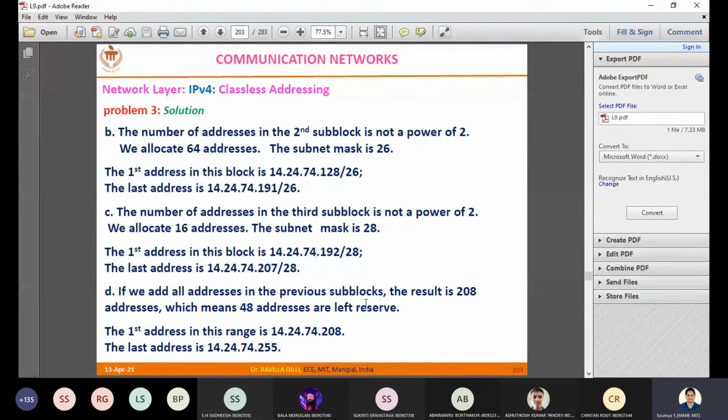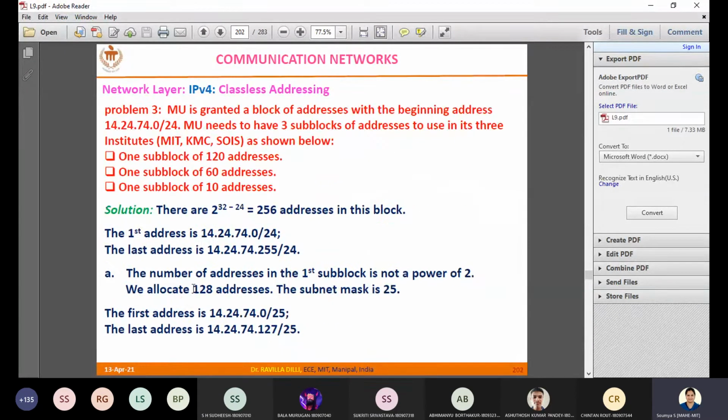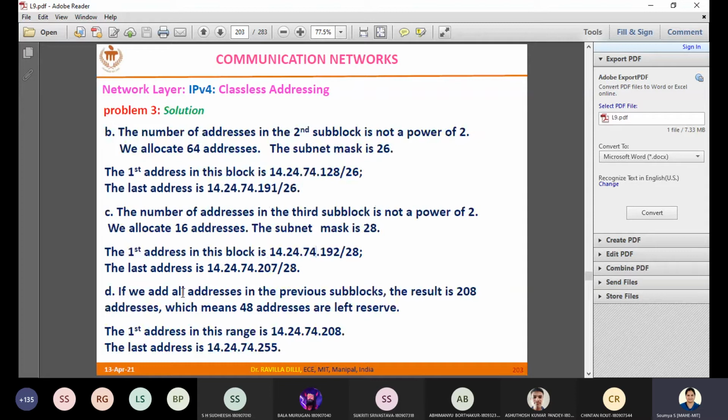If you add all the addresses in the previous sub-blocks, it results to 208, which means, how do you get this? You have allocated 128 plus 64 plus 16. That gives us 208 addresses.